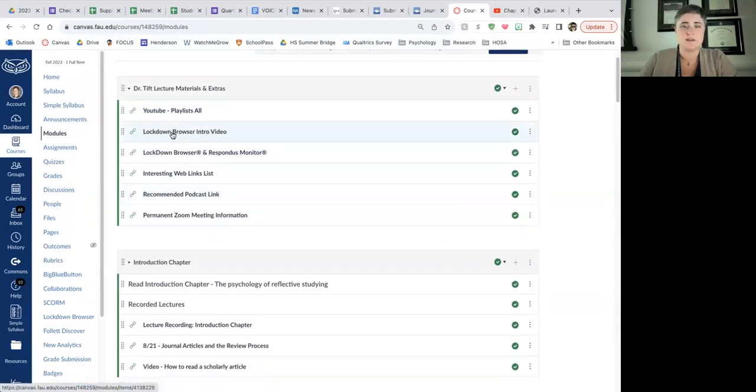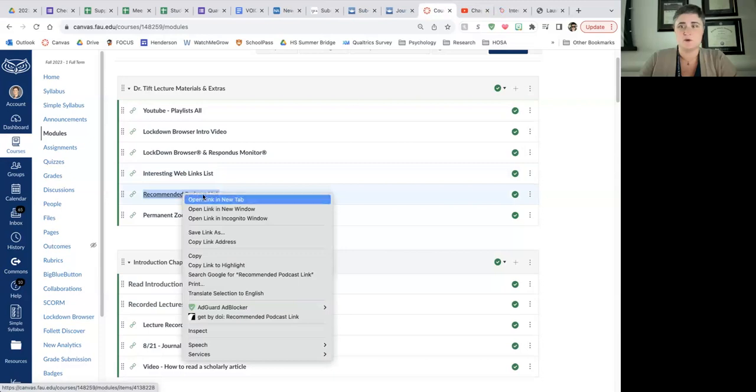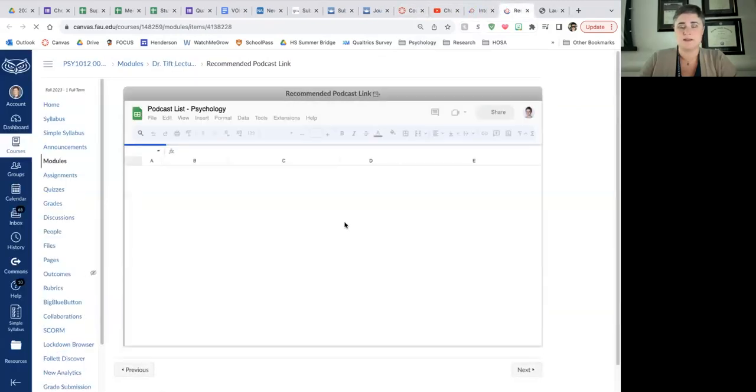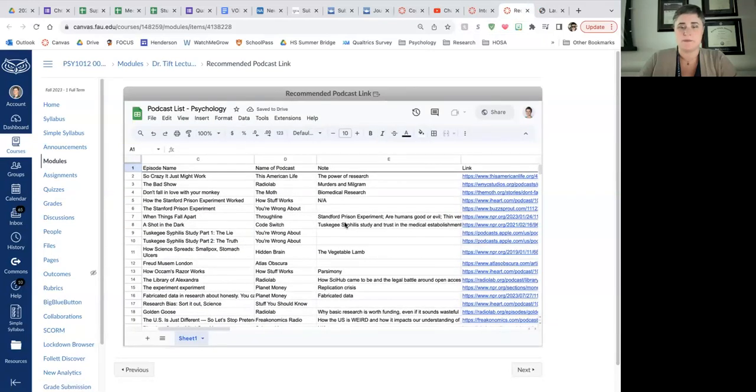There's some information about the lockdown browser program that we use to do exams. Also, I've saved over the many years of teaching this course links to articles and podcasts that I think are interesting for students who might want to know more about a topic.